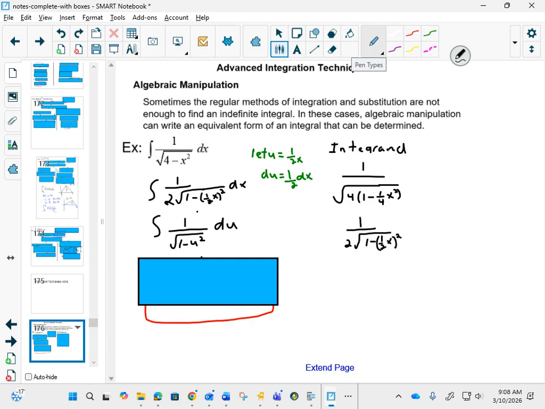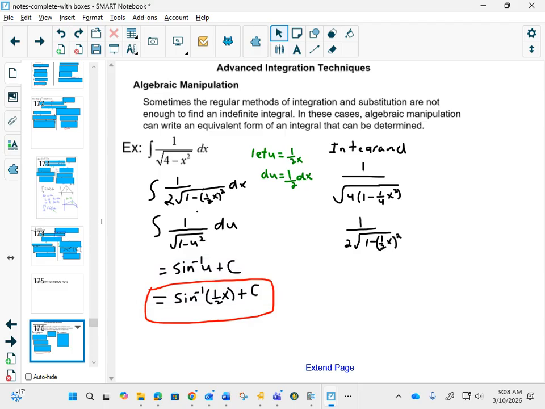So now when I do this substitution, I get a nice clean sine inverse integral. The 1/2 went away with the dx to just be du, and the u substituted in there. Then we get our sine inverse plus c, and substituting back, we have sine inverse of 1/2 x plus c.